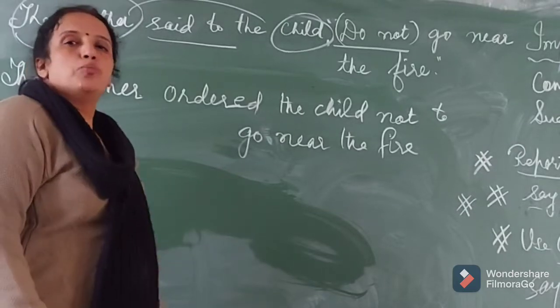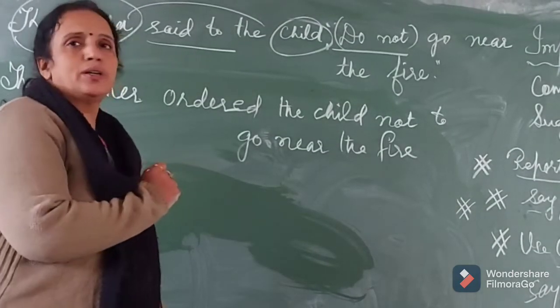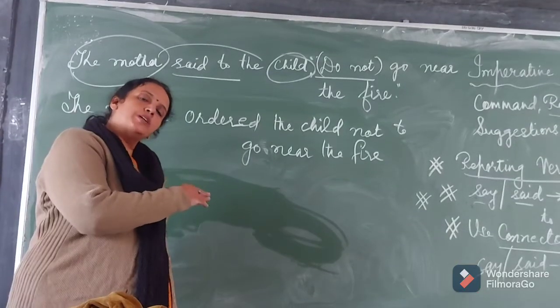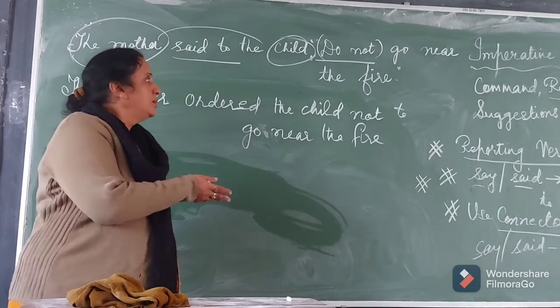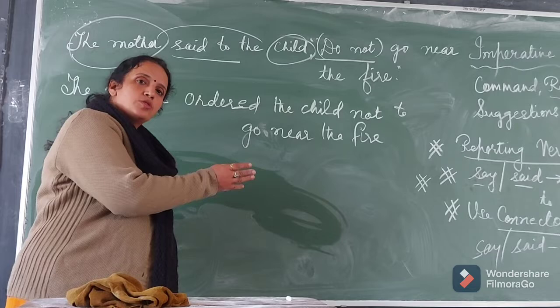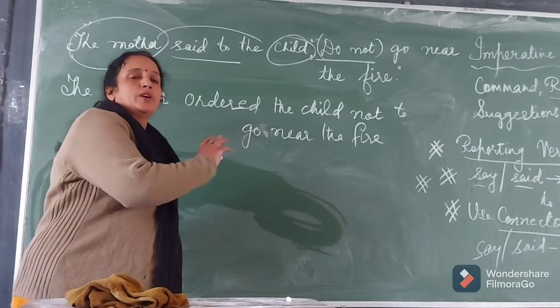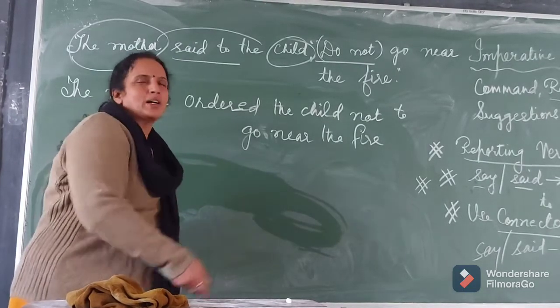Now there is one more mode of transforming such imperative sentences in which we are giving a warning to someone. Do not also refers to forbidding someone to do some action, that means not to do some action.